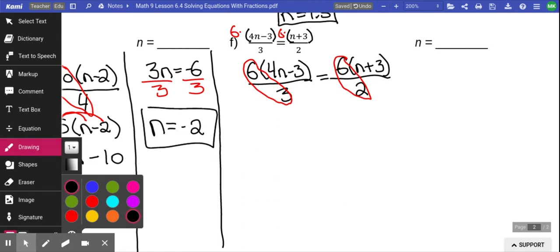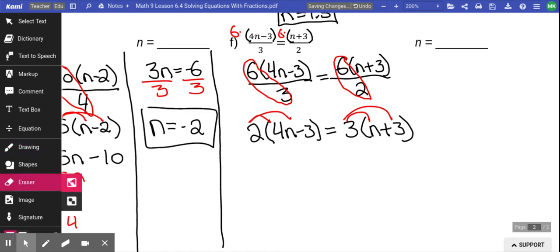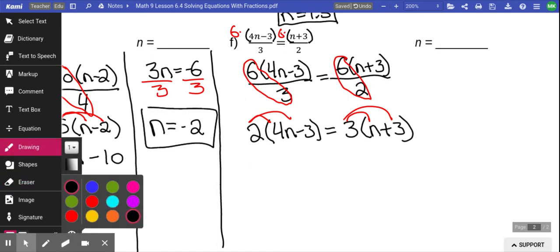On the left hand, 6 divided by 3 is 2, 4n minus 3. On the right hand side, 6 divided by 2 is 3, and then n plus 3. To solve, I have to get rid of my brackets, so I'd multiply into the brackets to become 8n minus 6 equals 3n plus 9.